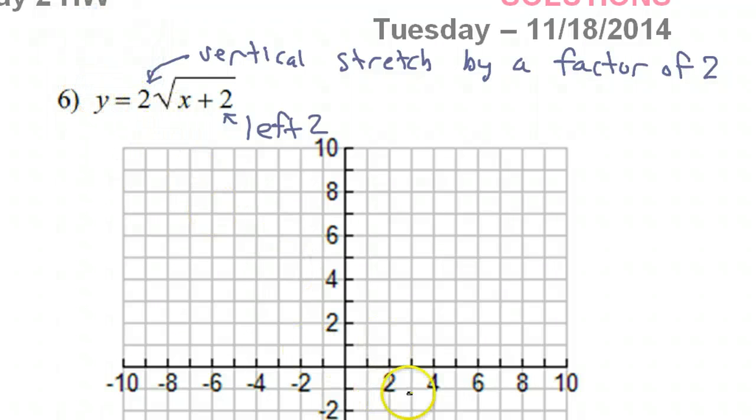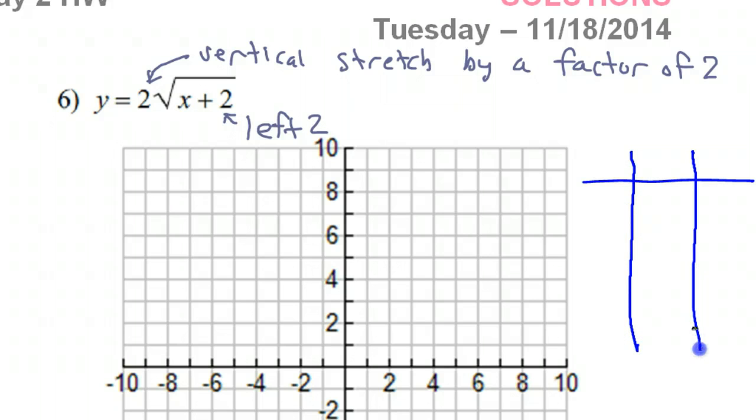But anytime you have an a value, I recommend making a new table. Sort of like this, a 3-column table. In the first column, we will put our usual x values. In the second column, we will put the parent function.